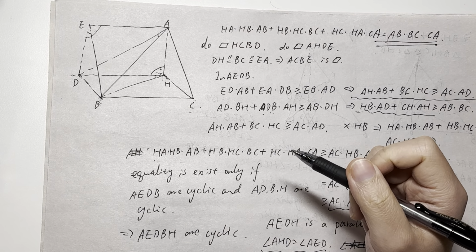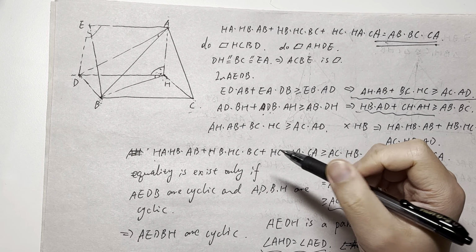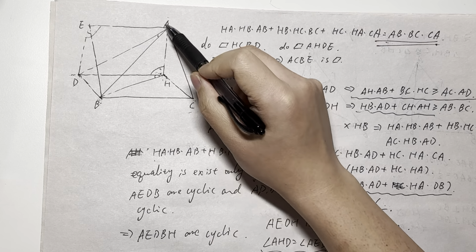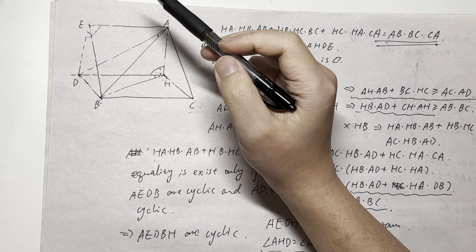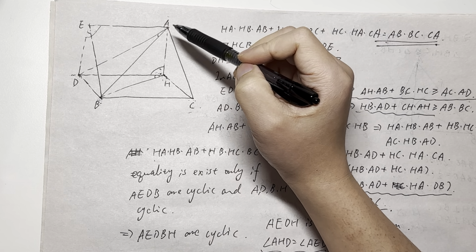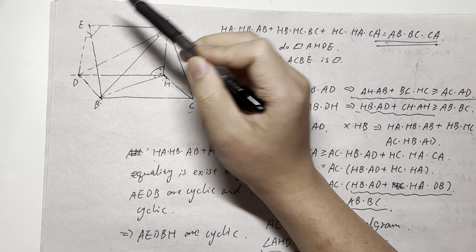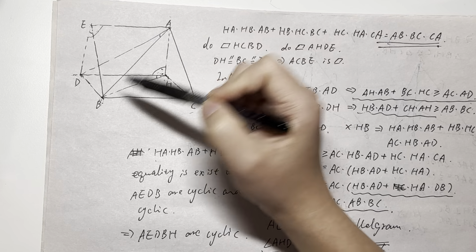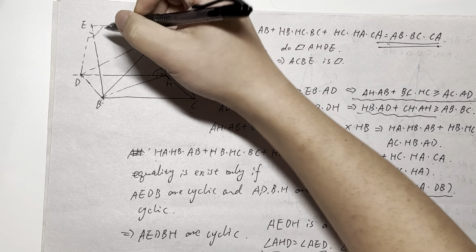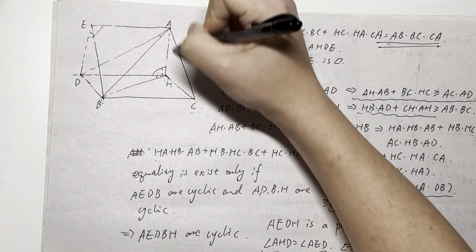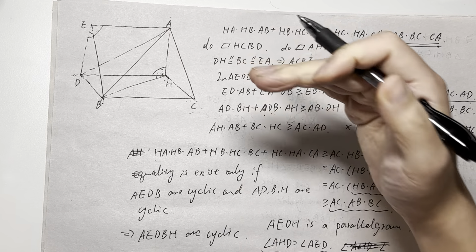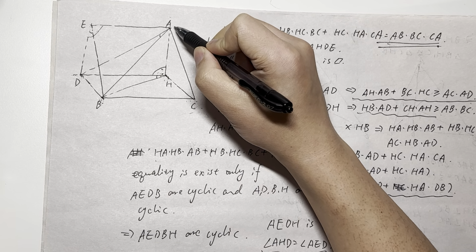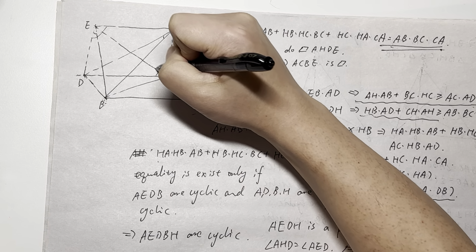And also, we want to prove that BH is also perpendicular with AC, right? And AC is in parallel with EB, right? So because this is a rectangle, you cannot think of it as just a parallelogram. This is a rectangle, so AD would be the diameter and the EH would be the diameter.